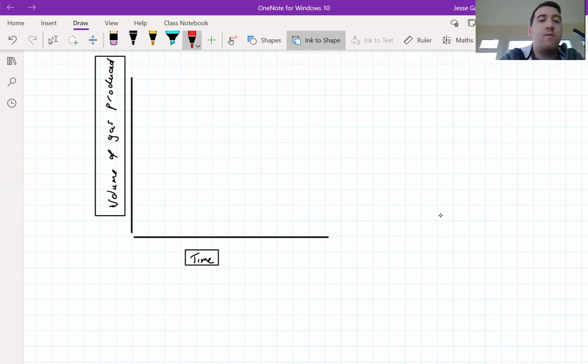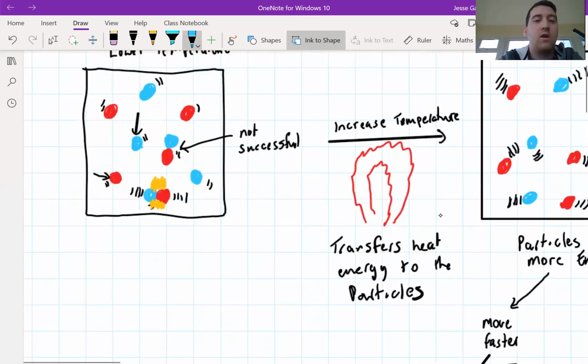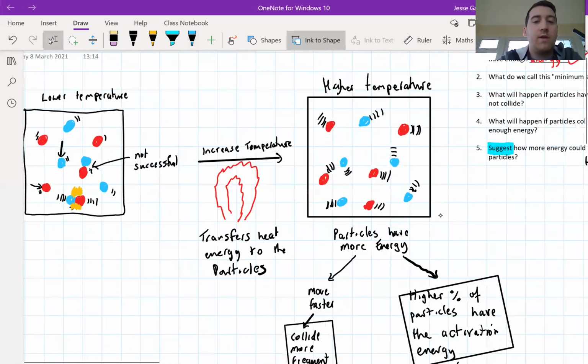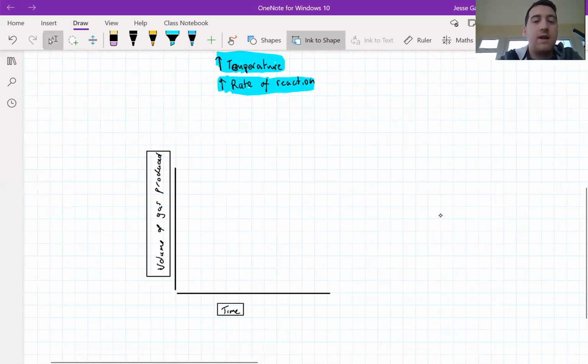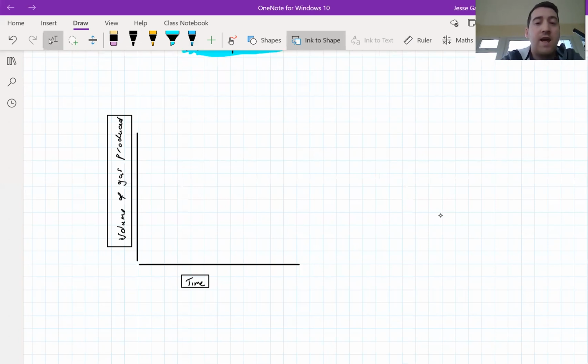Okay, and we're going to show our reaction happening at two temperatures. I'm going to show it in a blue line first of all, and the blue line is going to show the reaction at the lower temperature. So what do we know about what's happening here? Well, the collisions are happening less frequently and fewer of the collisions have enough energy. So the rate is going to be a bit slower.